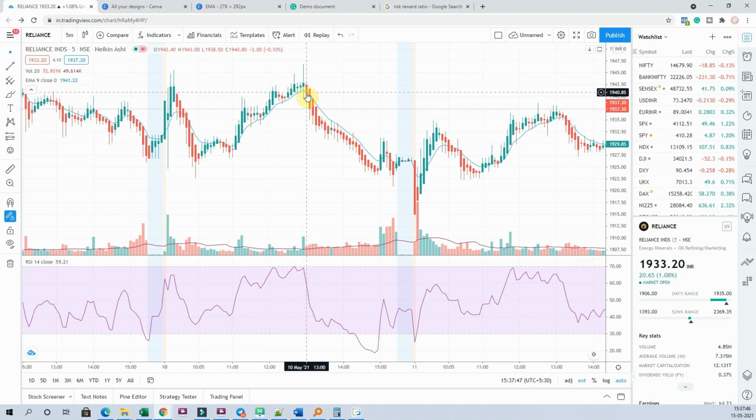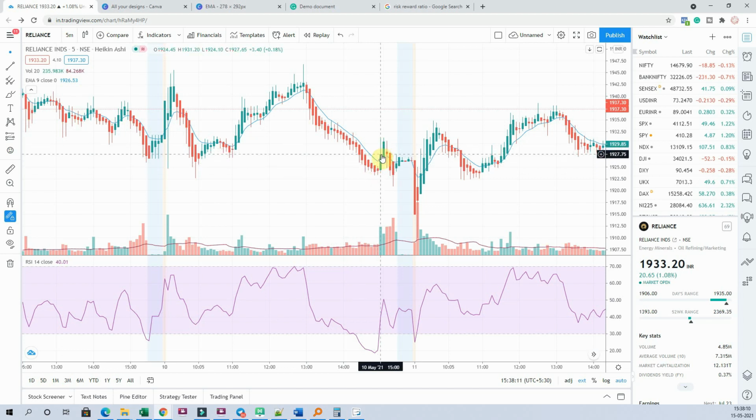You would have gone short at the start of the next candle, somewhere around here, and you can see that you would have got a wonderful fall. Here the body of the candle is not bigger than a tick, so we wouldn't be covering our profit here. Reliance fell and the exit signal came somewhere in this candle.